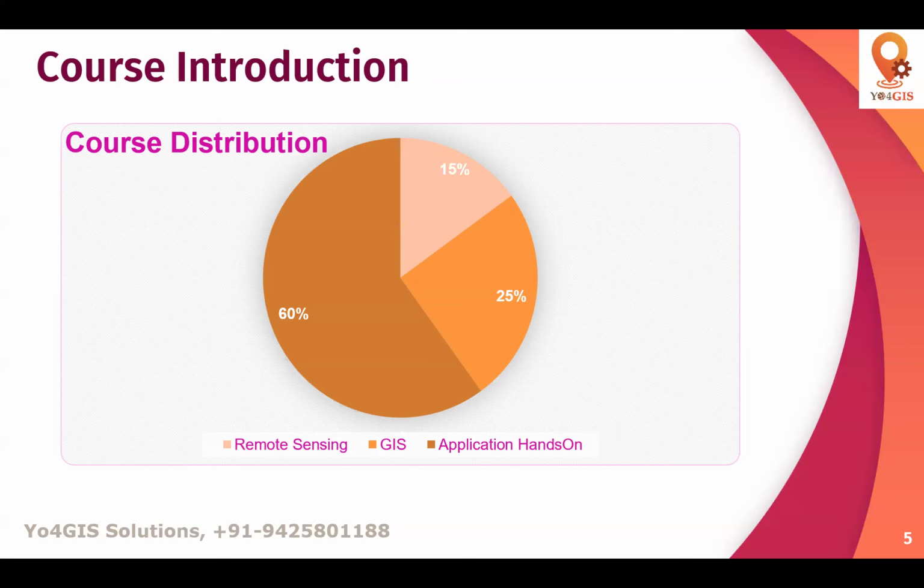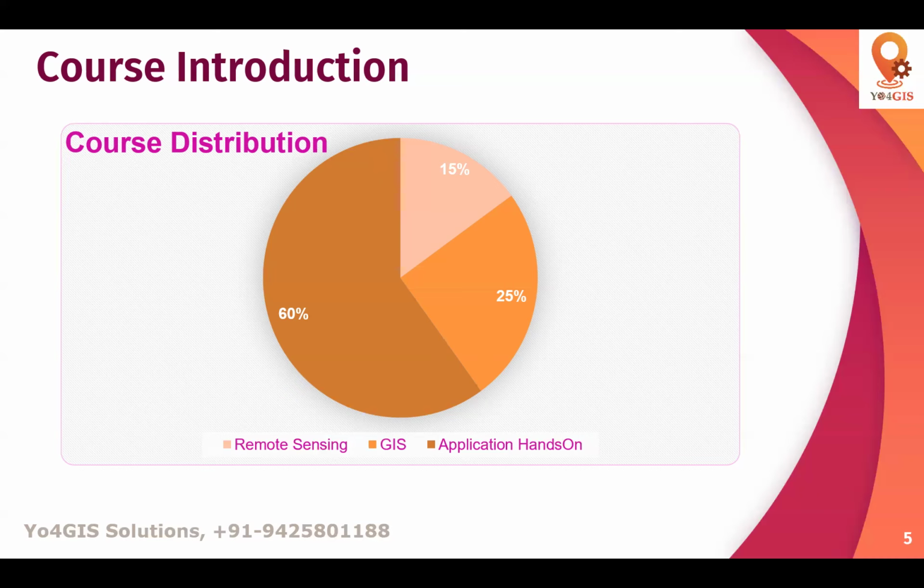The origin point of GIS is basically remote sensing. If you understand remote sensing, then you can easily understand how GIS comes up, how features, point, line, polygon we are creating, and all these things. Because of that reason, we have kept 15% or a small part for the introduction of remote sensing.